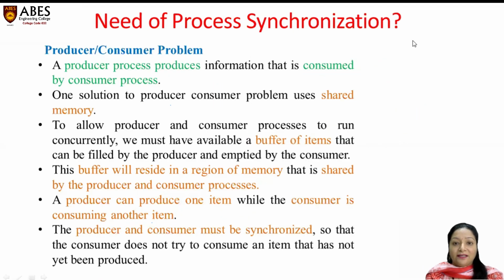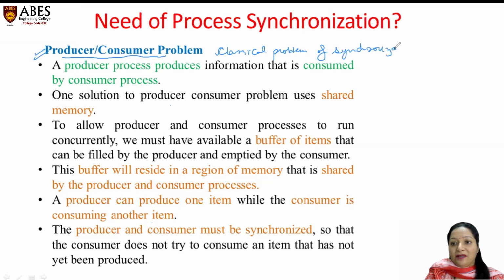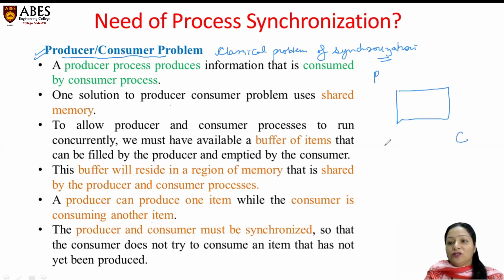Now again, we will understand why we need process synchronization with one more very good example, that is the producer-consumer problem. It is basically a classical problem of synchronization. I hope you now understand the meaning of process synchronization. Here, we have a producer process and a consumer process.